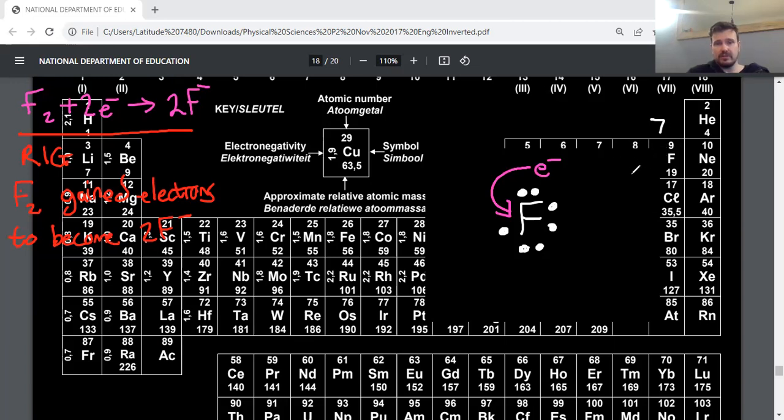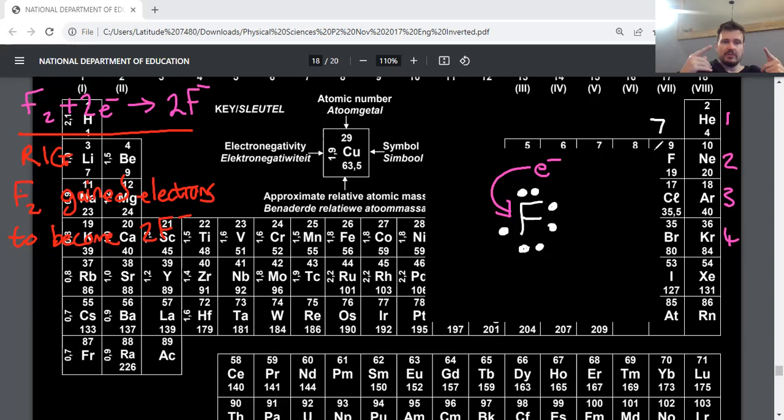It's high up the table, meaning it's got the two inner electrons, but then only one other orbital, because as we go down, this is one orbital, 2, 3, 4. Being in group 7 and row 2, those valence electrons are really close to the center, and the positive nucleus is sucking them in.